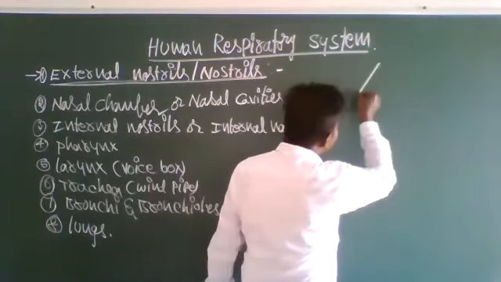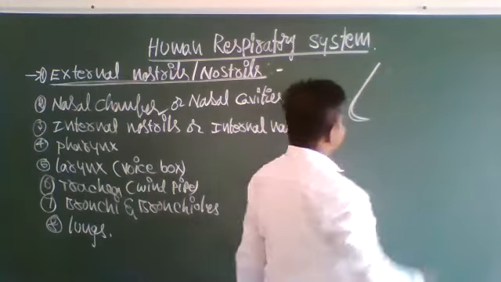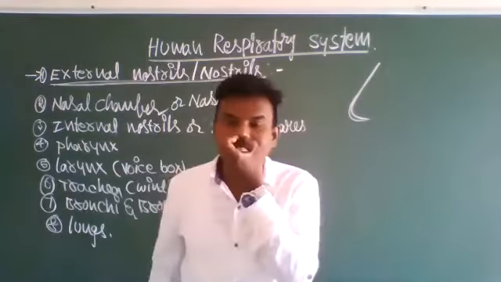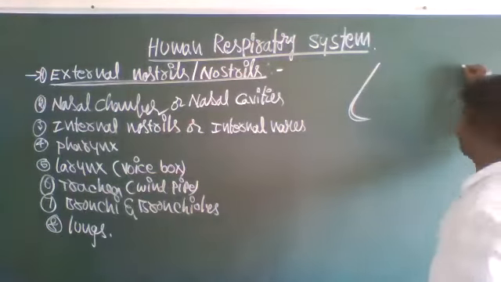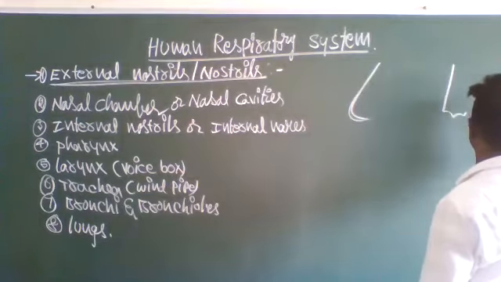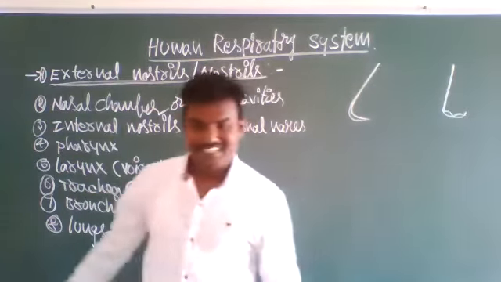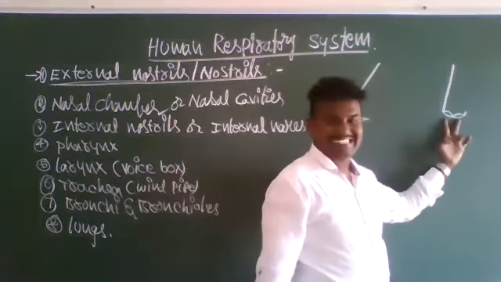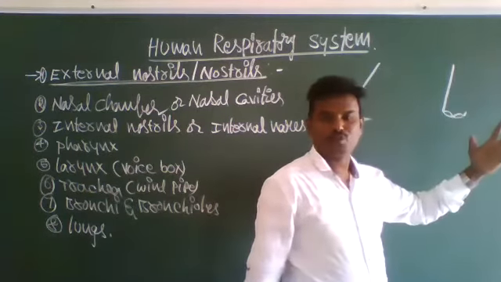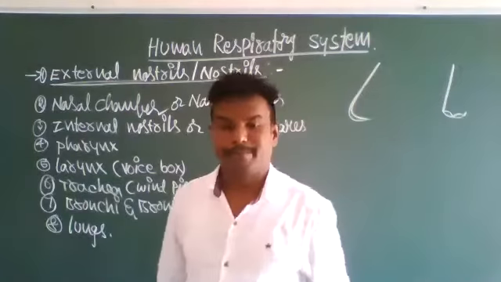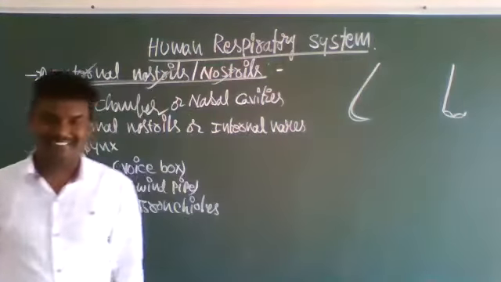See here, a side view I am showing. This is one. A pair of external nostrils opened out, located above the upper lip, that is called external nostrils or nostrils.